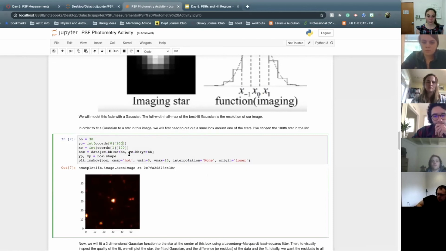I then make a little box around that pixel in our data using this code, and I plot it here. So this is just centered on that XY pixel with 30 pixels on either side. So 30 up, 30 down, 30 on either side, because I defined my box size as 30 right there.